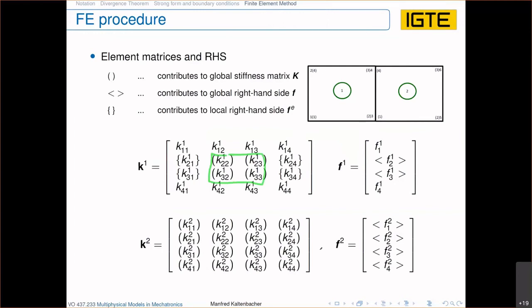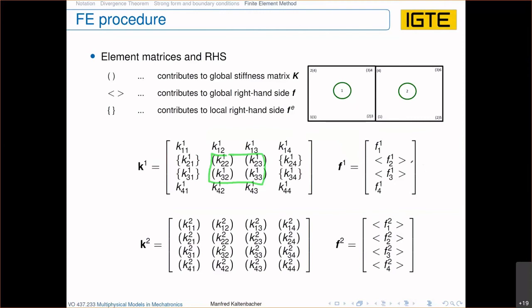For the second element, all the entries you have computed for your element matrix will be assembled to the system matrix. Yeah, and what happens with the right-hand side? Let's say on the whole boundary, you have some values different from 0.